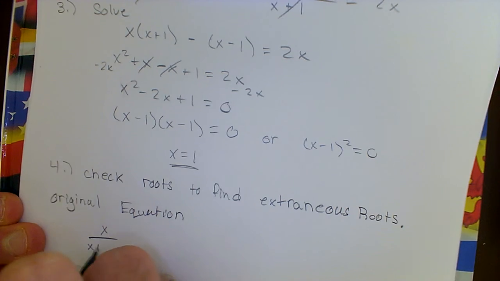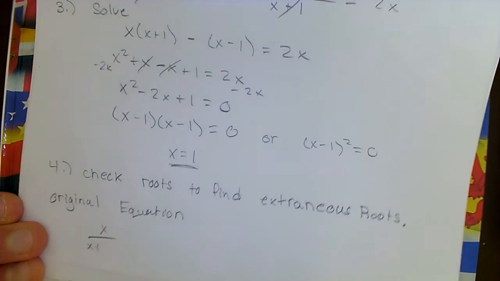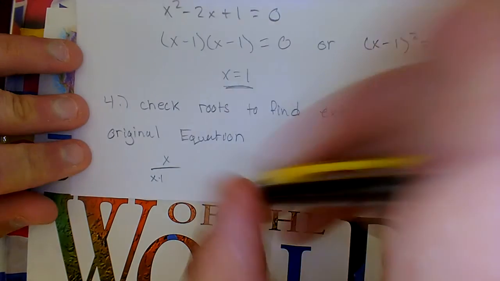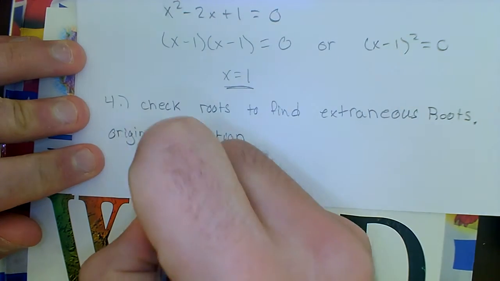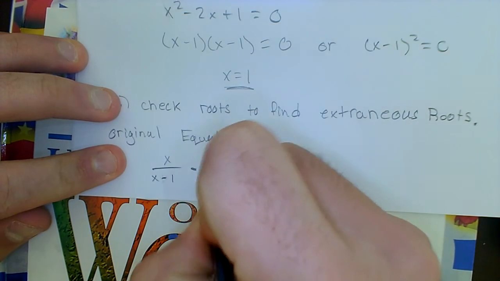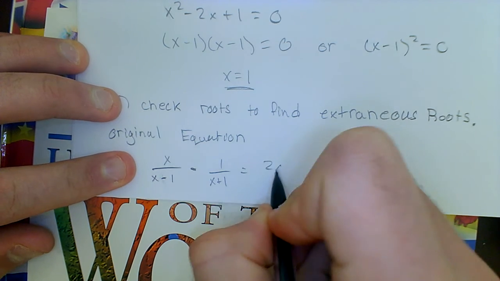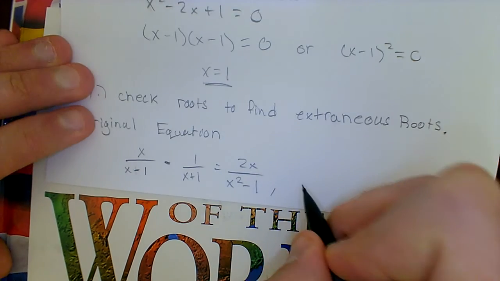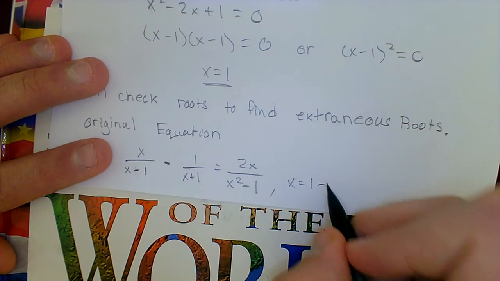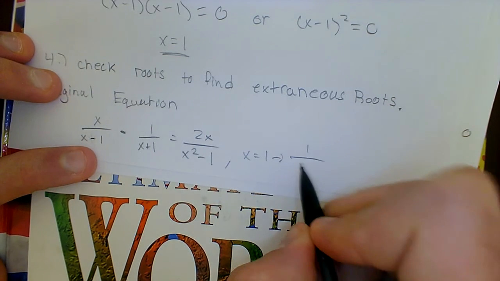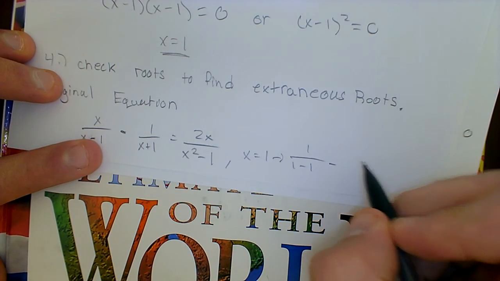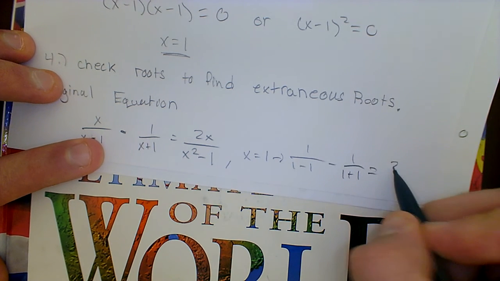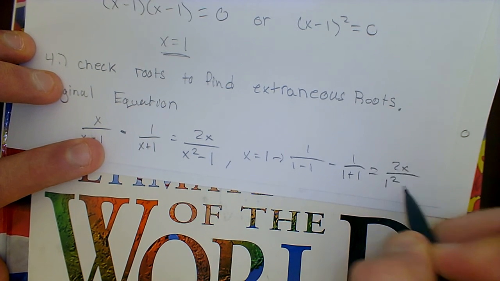So it was x over x minus 1 minus 1 over x plus 1 equals 2x over x squared minus 1. Okay, so now the problem is if we do x equals 1 here, we get 1 over 1 minus 1, that's not good, minus 1 over 1 plus 1, this one's okay, equals 2x over 1 squared minus 1.